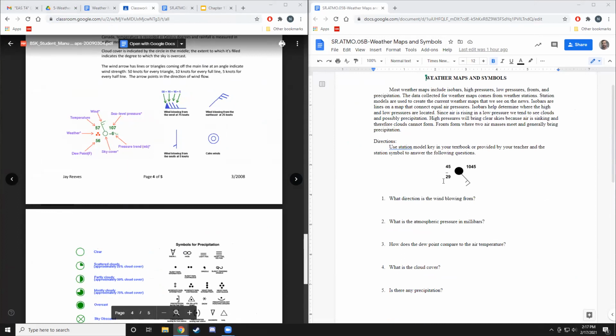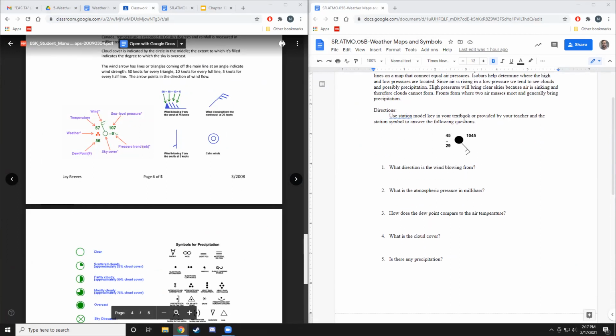So I'm going to jump right down here, and we're going to start looking and decoding this weather station. Okay, so the question here, number one, it says, what direction is the wind blowing from? Well, again, the direction depends on where that line is coming, and that tells us where it's coming from. So in this case, the line is to the lower right, bottom right.